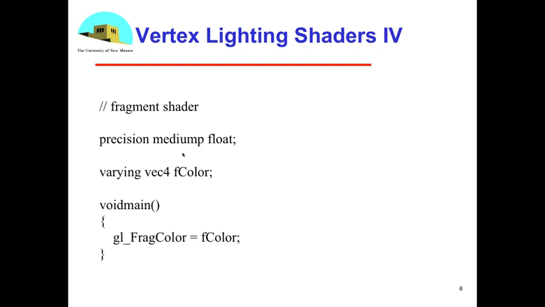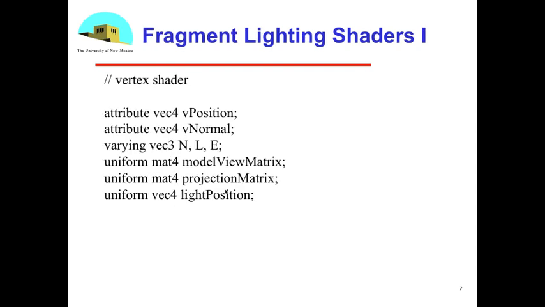Now, how do things change if I want to do the calculation as a Phong shader instead of a Gouraud shader, by doing the calculation of the lighting at every single fragment? Well, it's almost the same. What I do is I send pretty much the same information over to the vertex shader. So you see the position, the normal, the model view matrix, the projection matrix, light position, all being sent over.